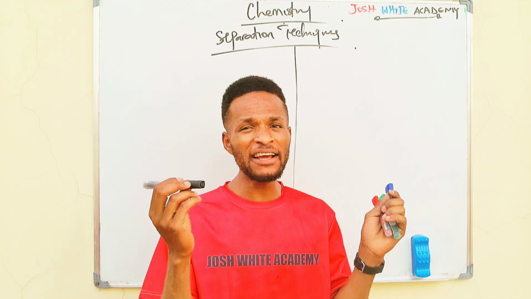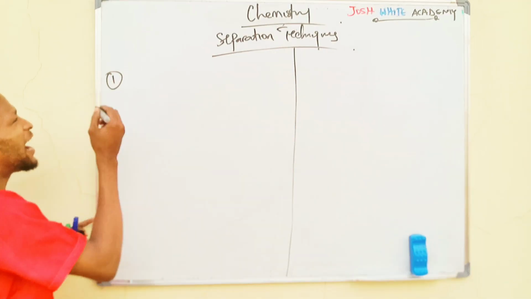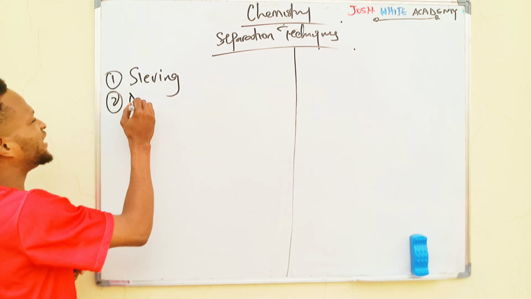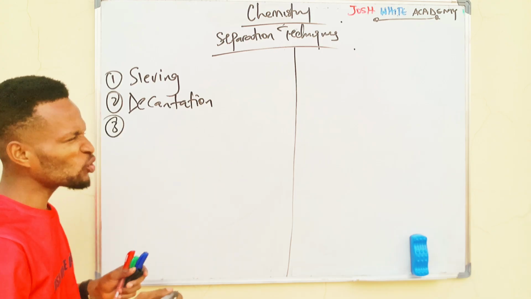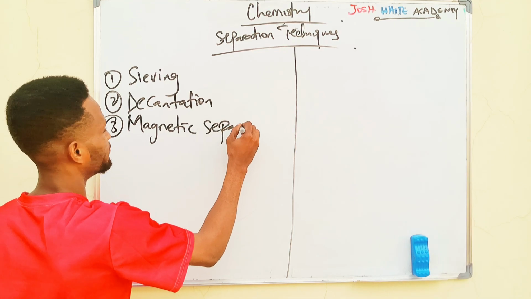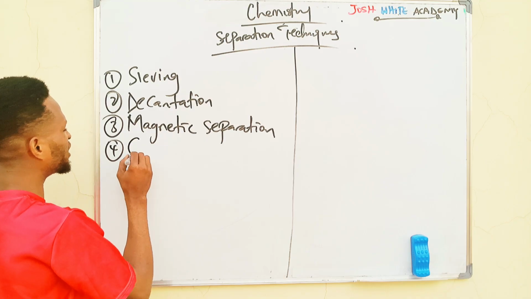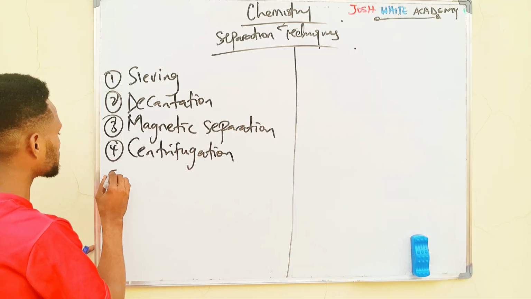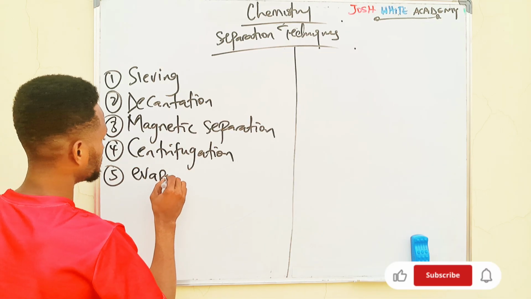Now, there are several separation techniques, and we'll be taking many of them. Number one, we have sieving. Number two, we have decantation. Number three, we have magnetic separation. Number four, we have centrifugation. Number five, we have evaporation.